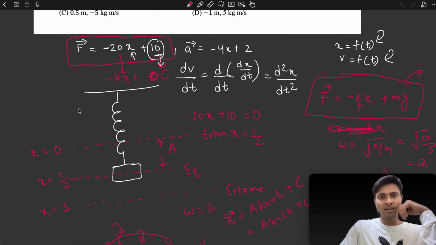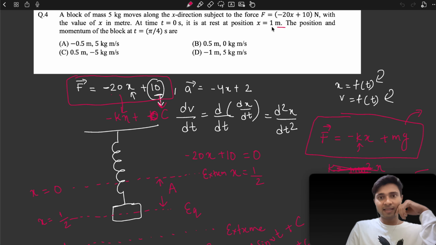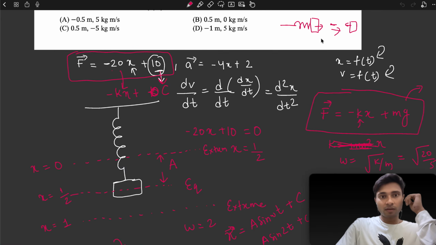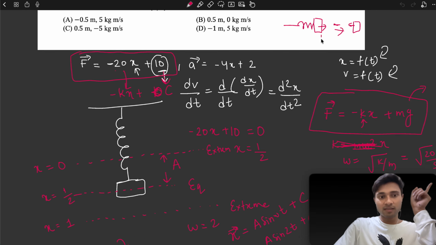It was given that the extreme position was x equal to 1 meter. How did I figure out this is the extreme position? Because it was at rest. In SHM, at rest it is at the extreme position, and at equilibrium it has the maximum velocity, while at the extreme position it is at rest, so velocity is 0. So x equals 1 by 2 is the equilibrium.